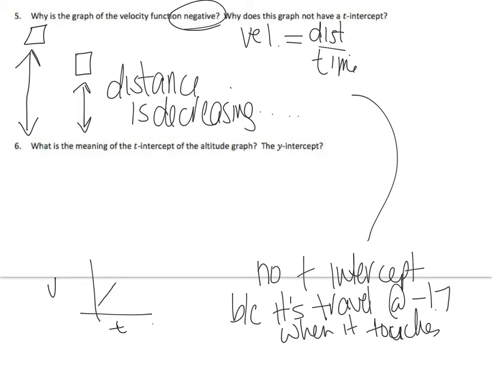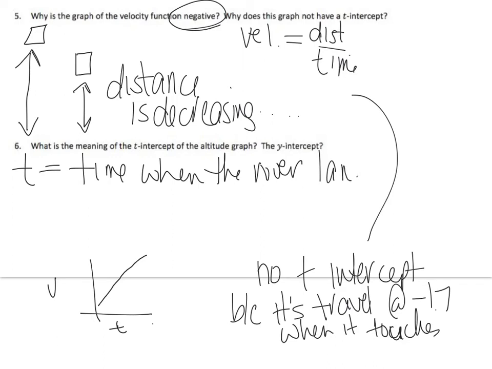Let's see, I think we're going up and over. It just doesn't cross the t-intercept. What is the meaning of the t-intercept? The t-intercept would be the time when the rover lands on the surface of Mars.